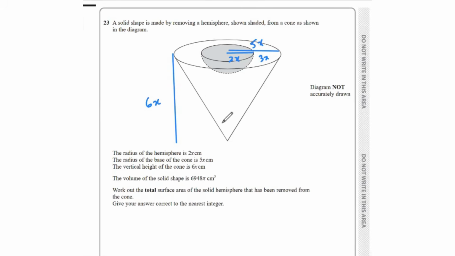Volume of the solid shape is given as 6,948 pi. So for the total surface area of the solid hemisphere that has been removed, we need to find the value of x.